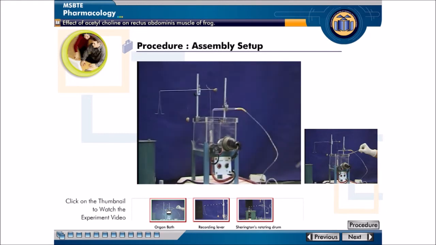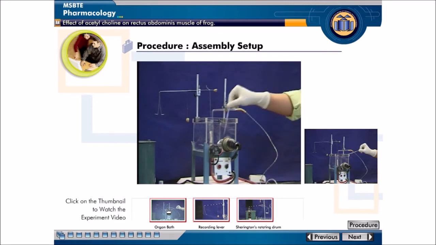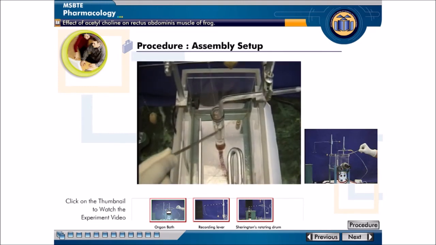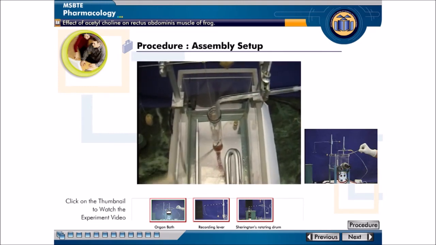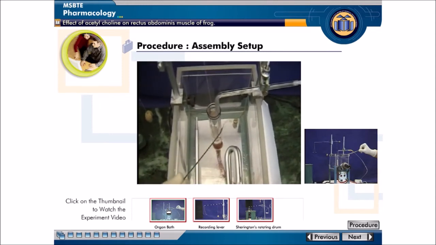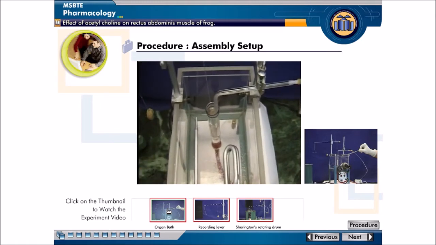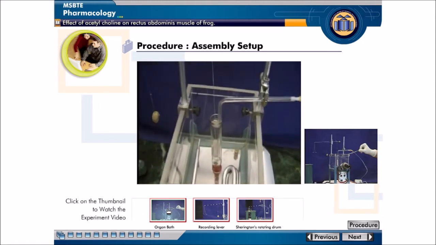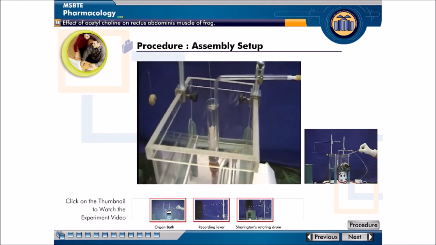Organ bath also consists of thermostatically controlled heating rod, which maintains uniform temperature of water in outer jacket. It also consists of tissue bath, made up of glass with a capacity from 10 to 50 ml with both sides open. Isolated muscle preparation is mounted in upright position in this tissue bath.